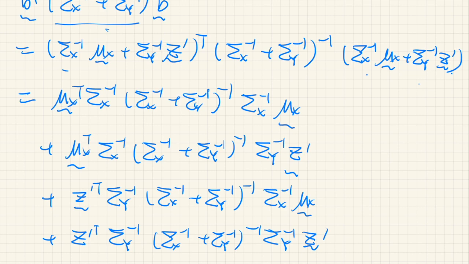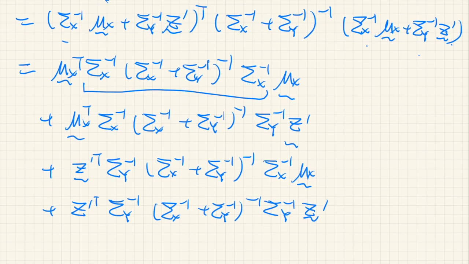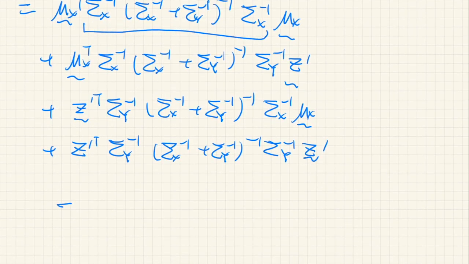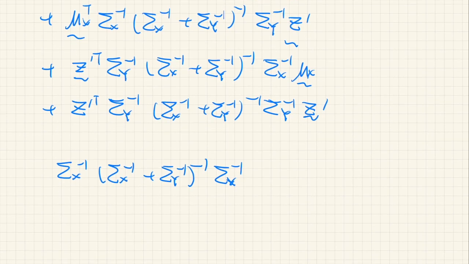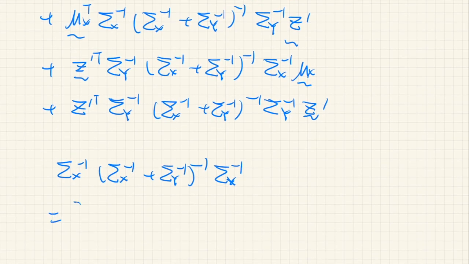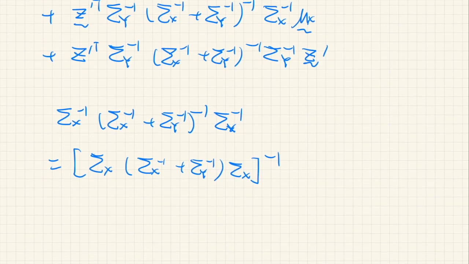Okay, now let's consider this part. So we have (Σx⁻¹ + Σy⁻¹) inverse and Σx⁻¹. This is equal to Σx times (Σx⁻¹ + Σy⁻¹) times Σx, everything inverse.